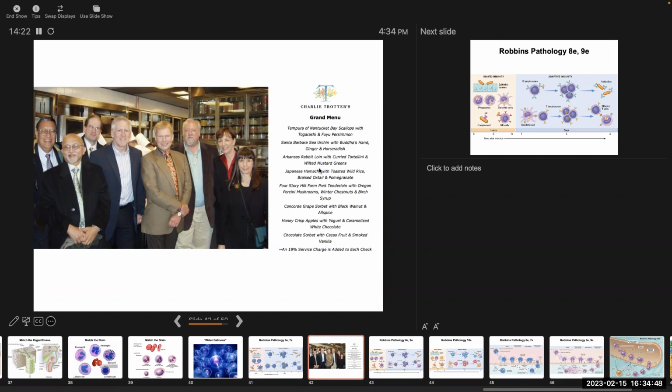And I threw this slide in here just to be kind of funny, but it's kind of serious too. If you've ever wondered why textbooks are so expensive, this is why. So you've got the 3 authors over there on the left, Dr. Kumar, Dr. Abbas, and Dr. Aster. You've got 4 representatives from the publishing company, and then of course yours truly.